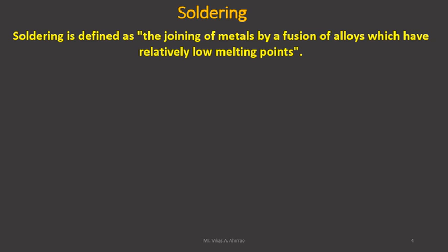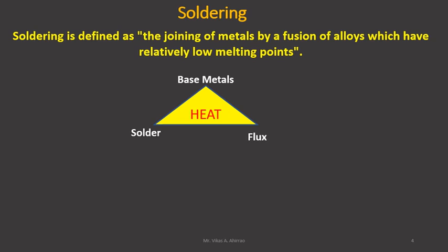For the soldering process, a few things are necessary. First is the base metals which need to be soldered. To carry out the soldering process, solder or solder metal is required.